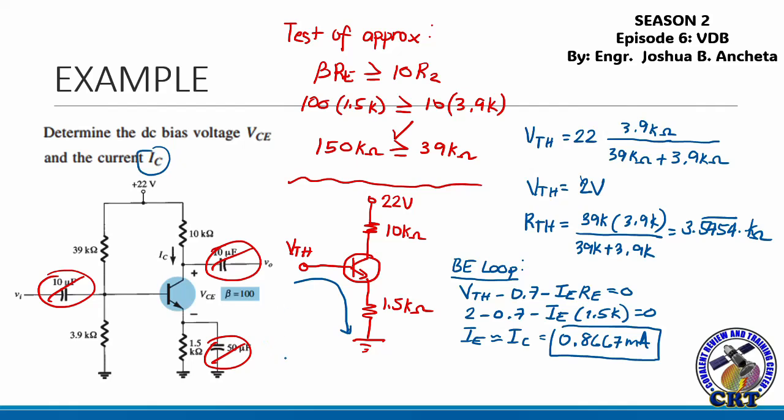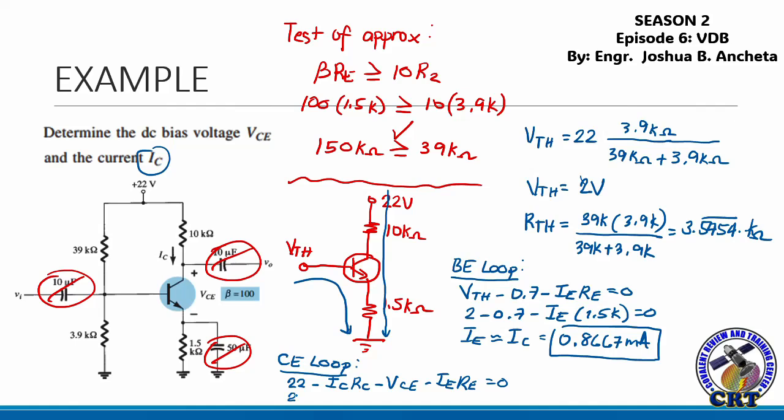Next, for the CE loop, we have 22 minus ICRC minus VCE minus IE RE equals 0.